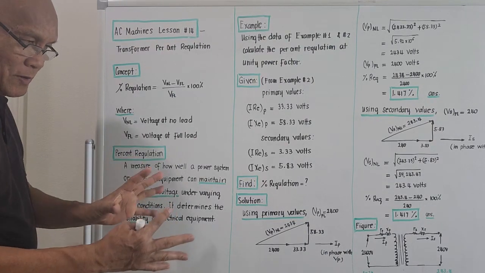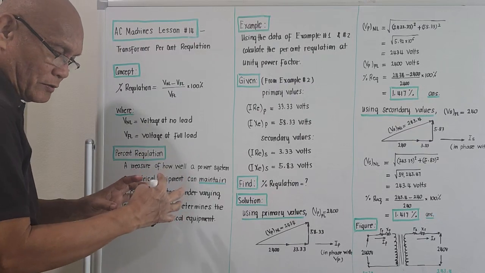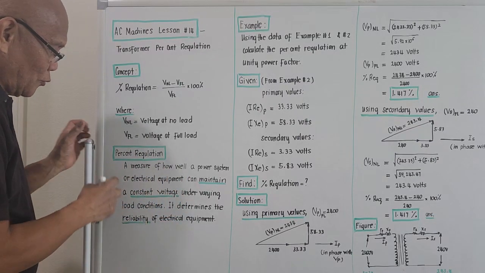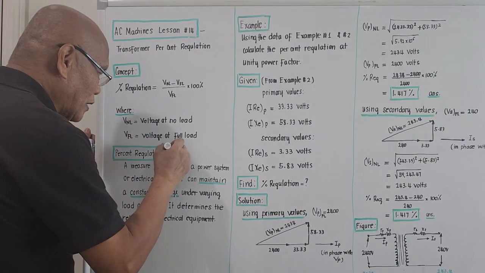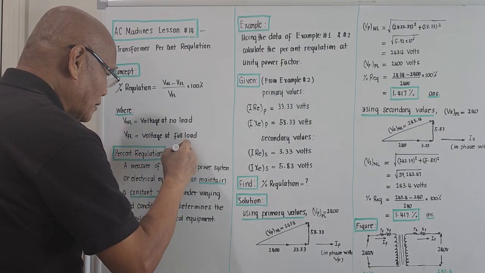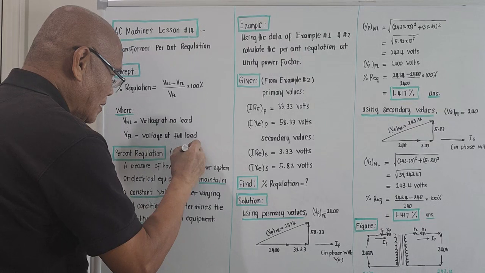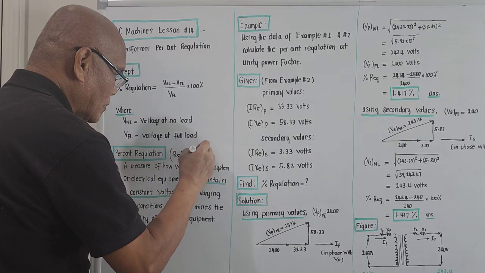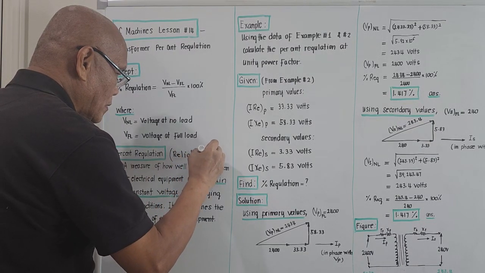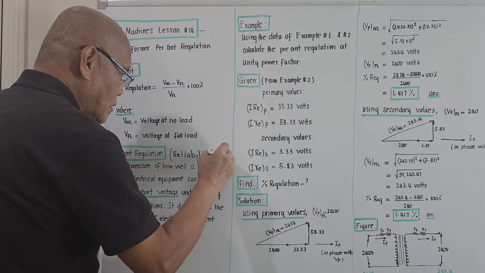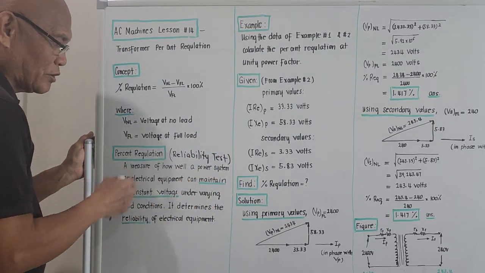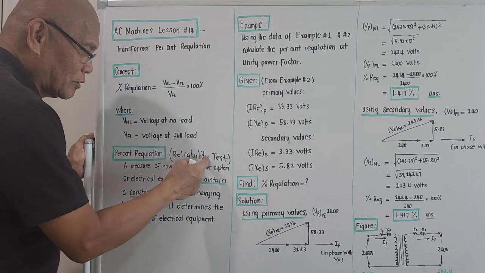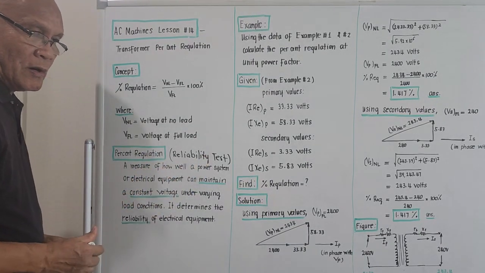So, to summarize, percent regulation is referred to as the reliability test. If we say percent regulation, it is the so-called reliability test.